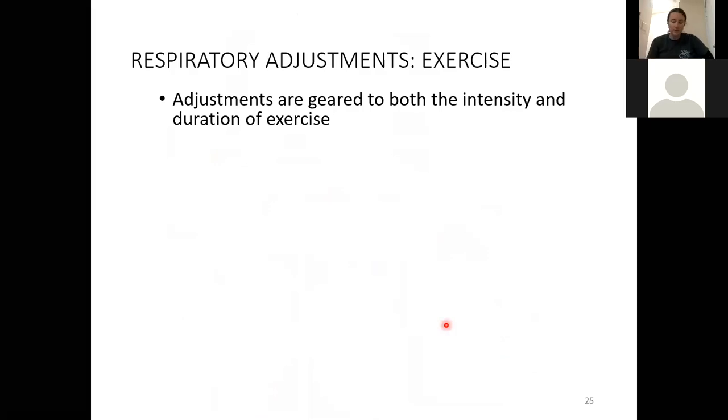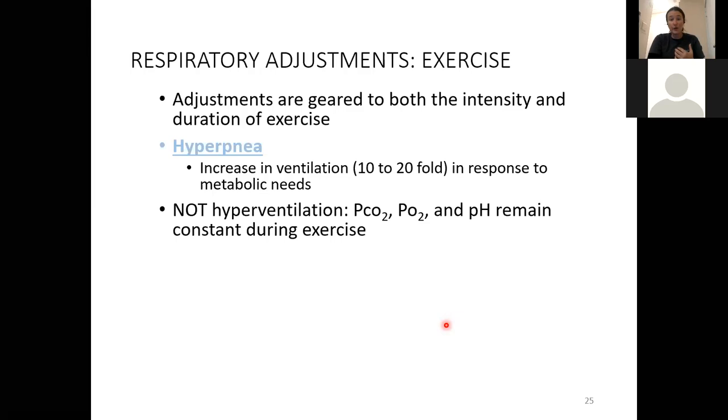Our respiratory system, of course, takes all of these different factors into account in order to meet the needs of the body. A normal response to exercise is to increase your breathing rate. Okay, so hyperpnea is an increase in ventilation rate 10 to 20-fold higher than what it would be at rest.